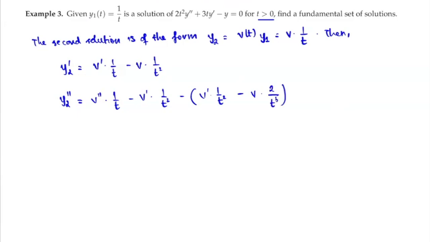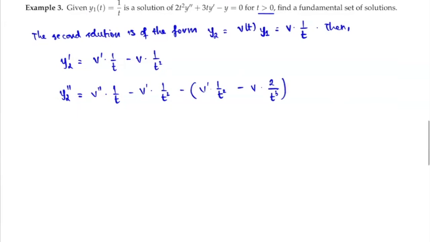Okay. So I put that in parentheses because there's a negative in front of it. Now distribute the negative, and I get v double prime times 1 over t minus v prime times 1 over t squared minus another v prime times 1 over t squared plus v times 2 over t cubed.